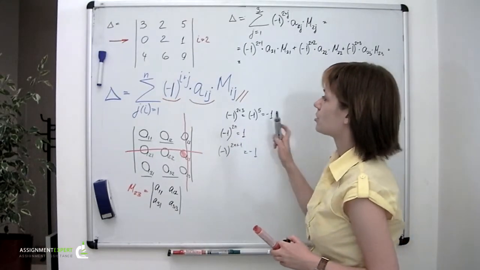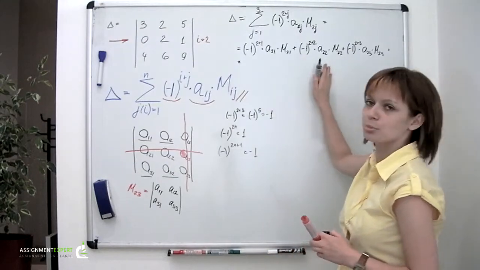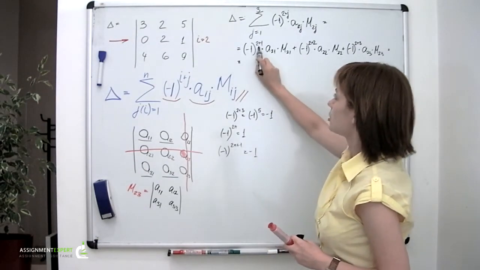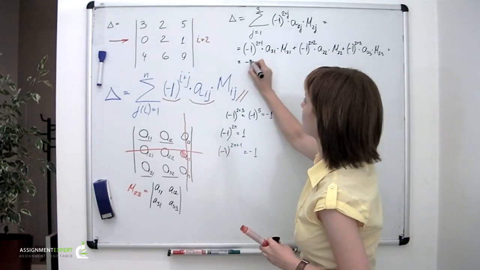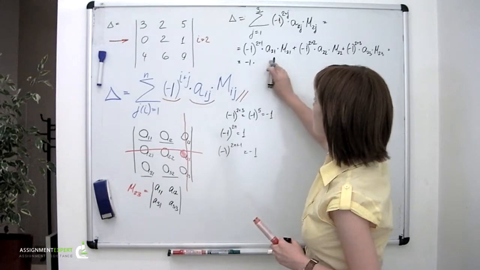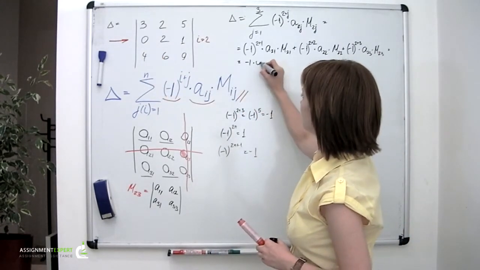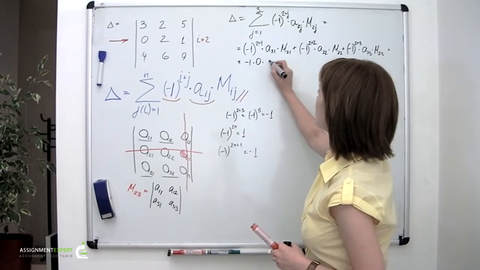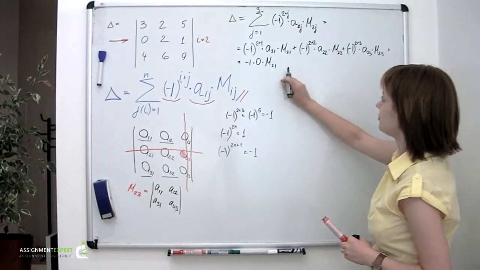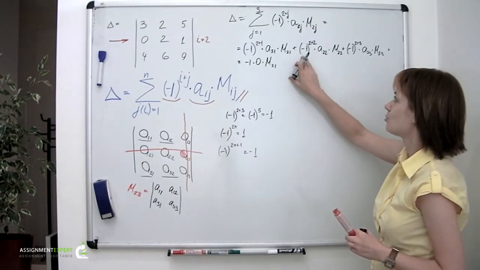Now let us substitute the numbers we already have into the formula. So minus 1 to the third power yields minus 1, as we've discussed right here, times a_21, which is 0, times the minor M_21. Then minus 1 taken to the fourth power yields 1.